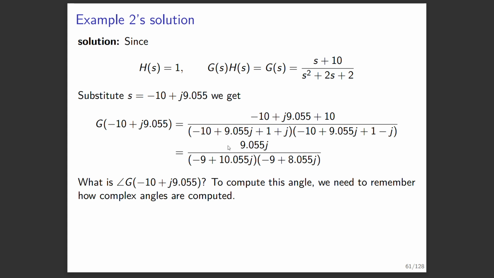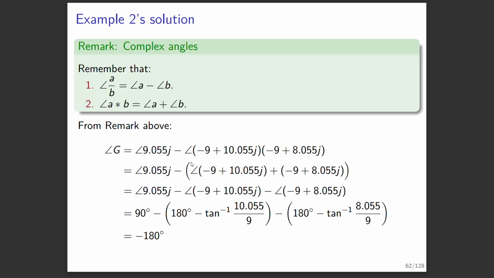The angle of the numerator is just 90 degrees. What's the angle of the denominator? I can multiply out whatever is inside the denominator and get this.